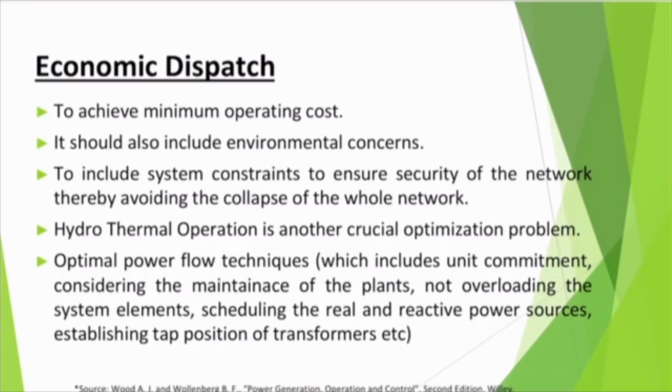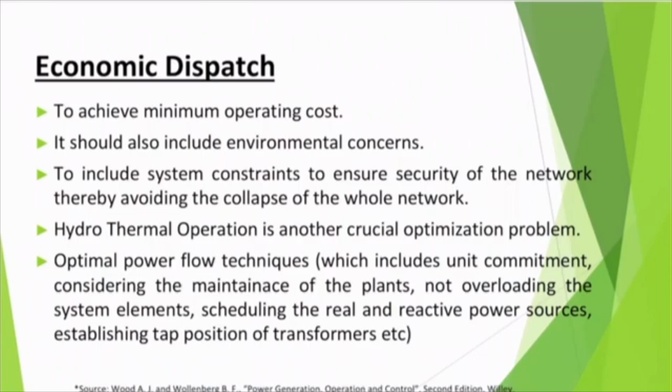Now, when you have networks, each and every transmission corridor has a certain limit to its power carrying capability. Say this is my generator, and it is connected through a transmission line to a load.